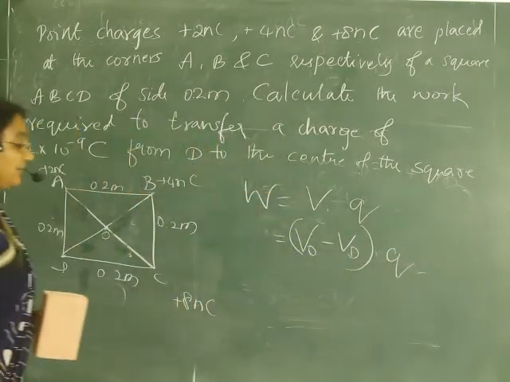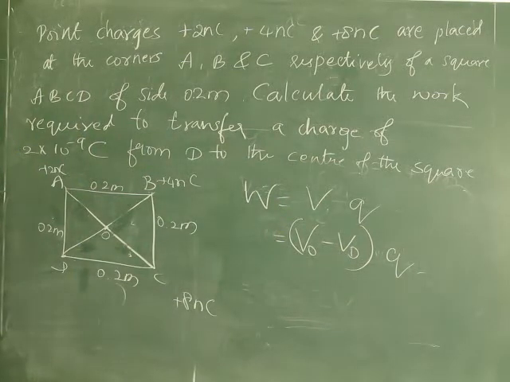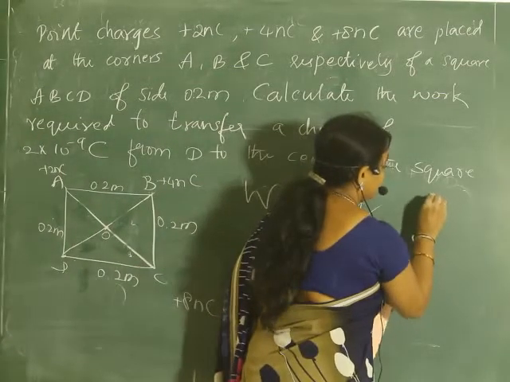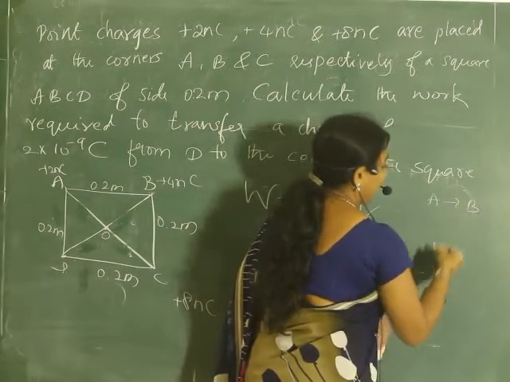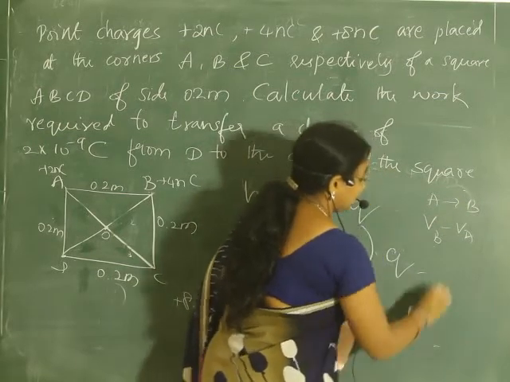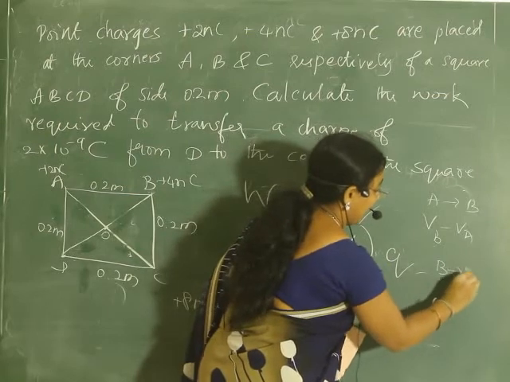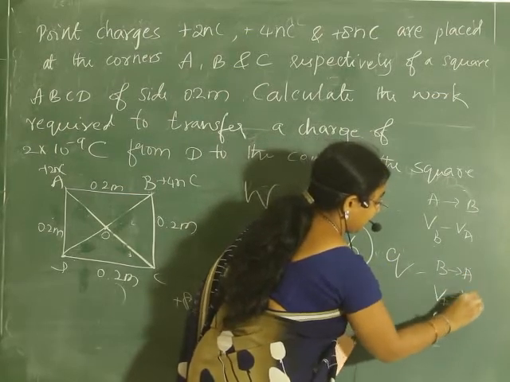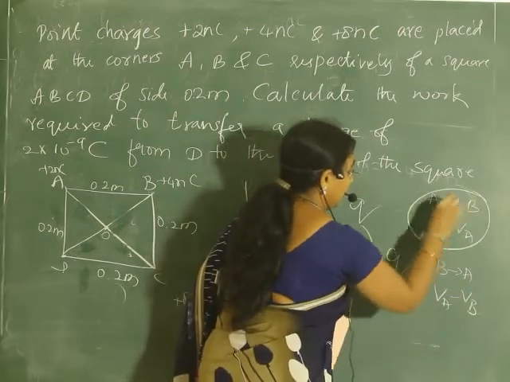See, always from where to where you are moving, you have to see. If you move a charge from A to B, potential difference is VB minus VA. If you move a charge from B to A, then VA minus VB. Understood? Don't forget this.